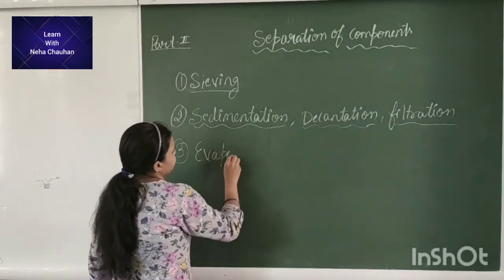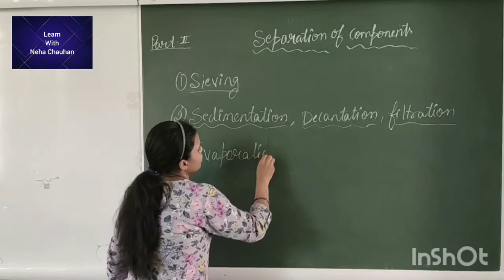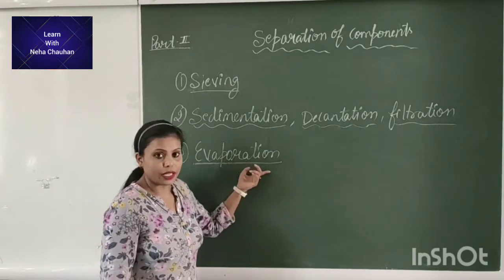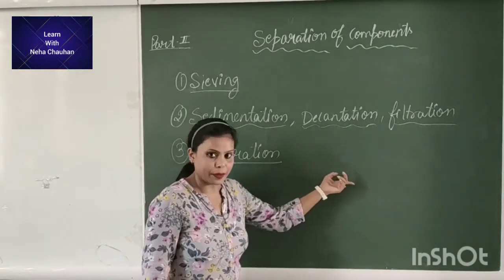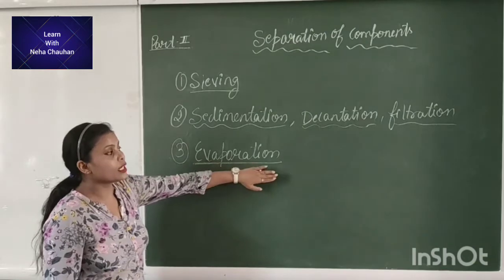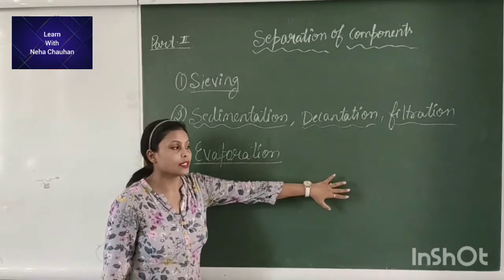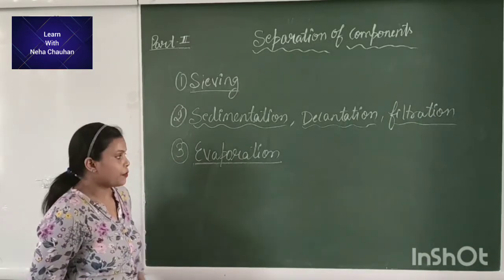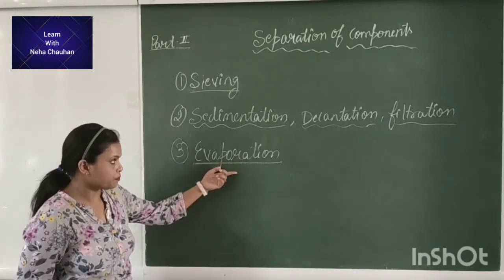Alright, next is evaporation. Now what is evaporation? Evaporation is the process of converting water into water vapors. So in evaporation water is converted into water vapor, that is steam. Salt from the sea water is separated by evaporation.